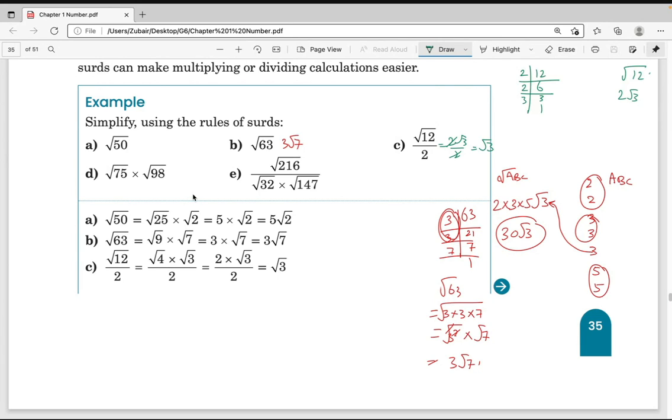And what about D part? D part, yes, I did D. D, 75 under 80. So, 75 under 1, 2, 3.